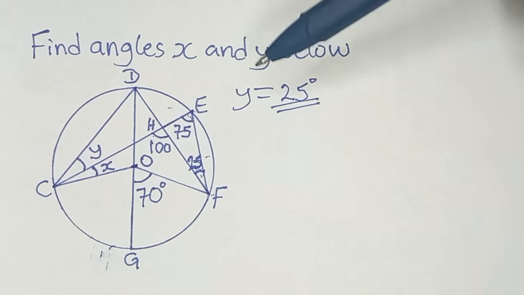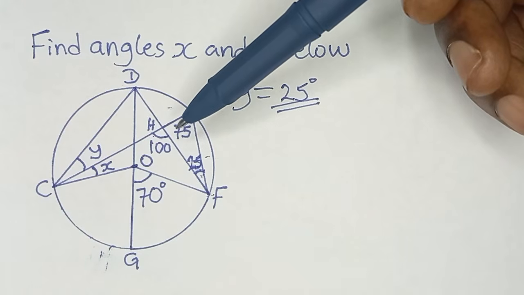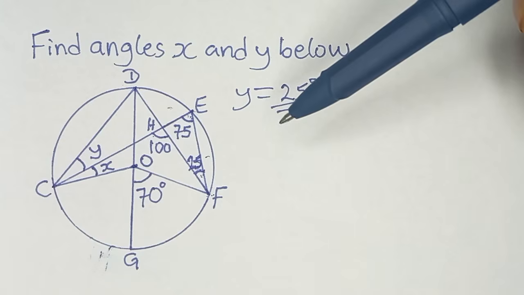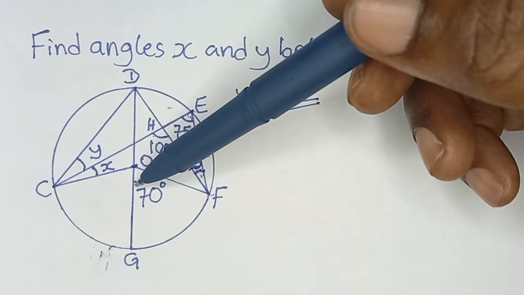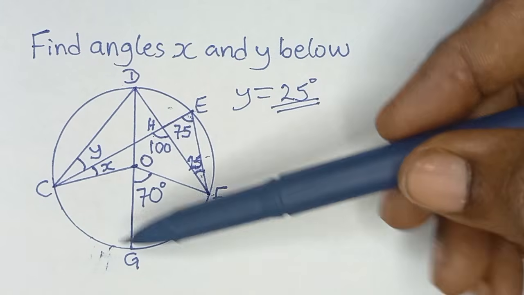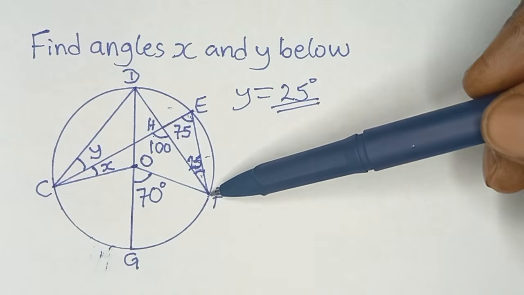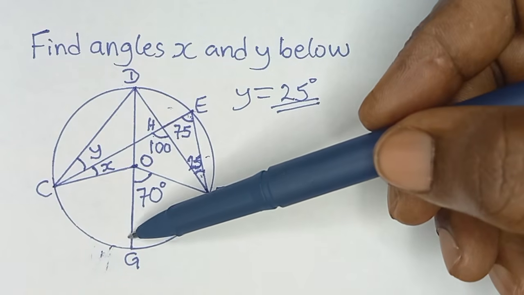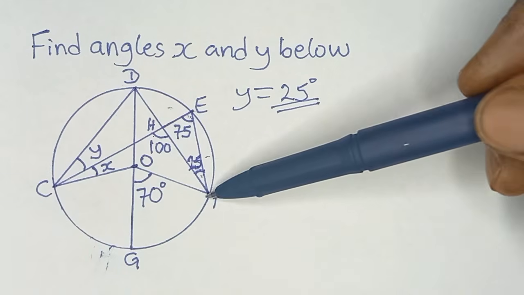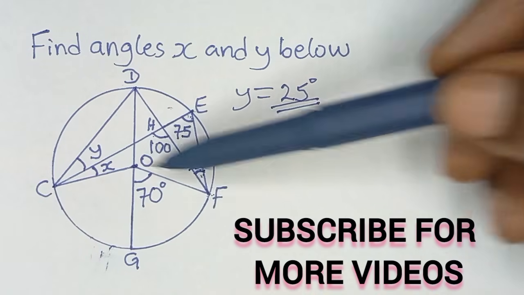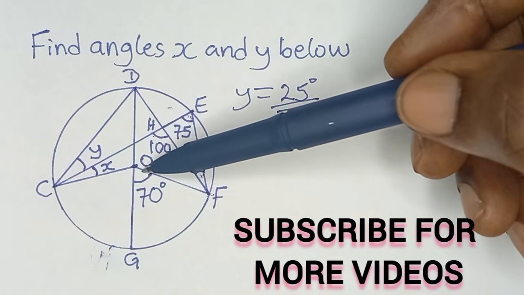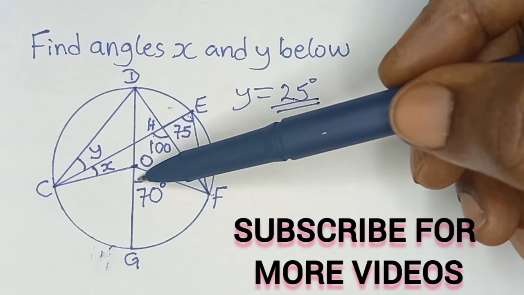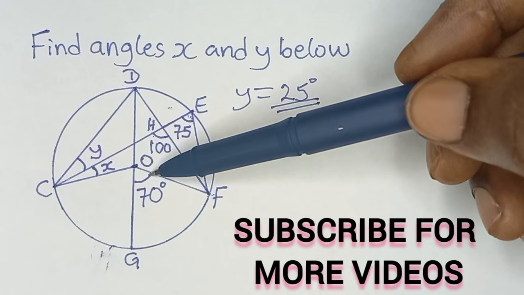Now, the next thing I want us to look at is how to find the value of X. Now, this is 70 degrees. From G and F, I have these 2 points forming 70 degrees at the center. You can see this line going to the center and this one also to the center, and the two lines form this 70 degrees at the center.